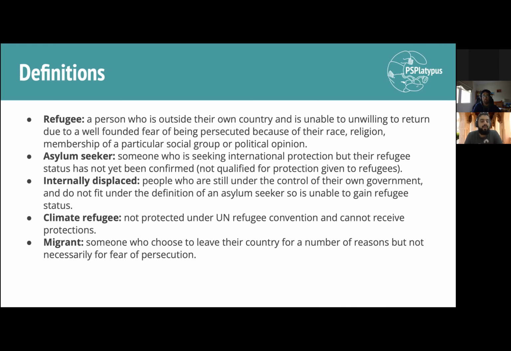Finally, migrants, who choose to leave their country, not necessarily because of fear or because they were forced to leave, but for other reasons like looking for a better job or better lifestyle.